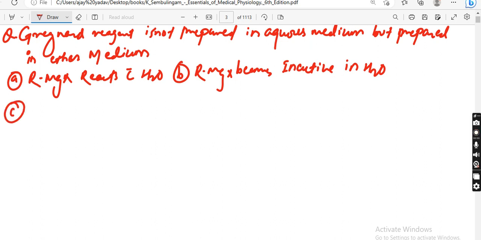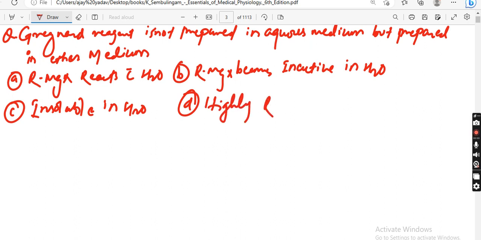Option C says it is insoluble in water. And option D says that the reagent is highly reactive in ether.